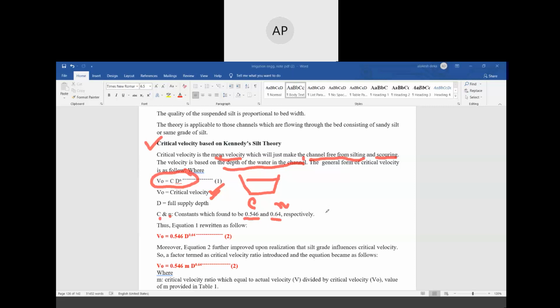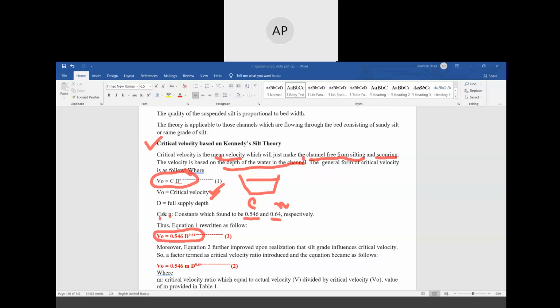have you understood? So this equation 1 can be written as V naught equal to 0.546 d to the power 0.64, isn't it?